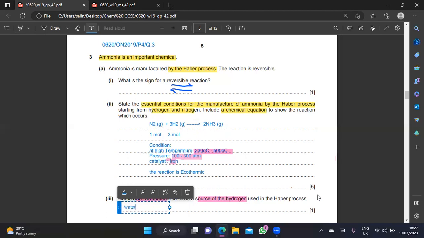They said name, so just name it. Or you can get it from natural gas, or you can get it from methane. So any one of the answer. So this is kind of easy.